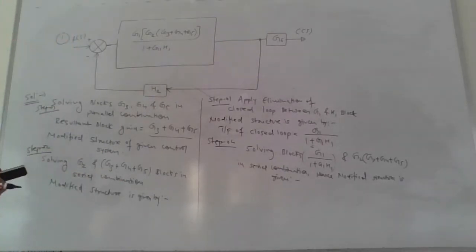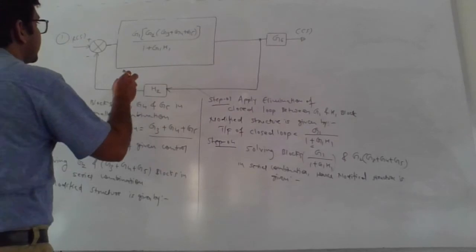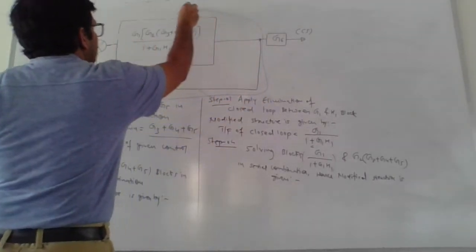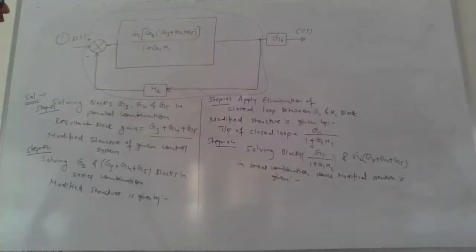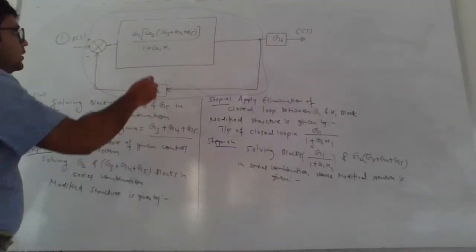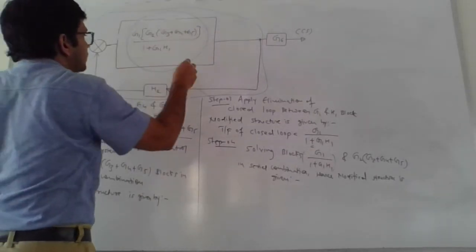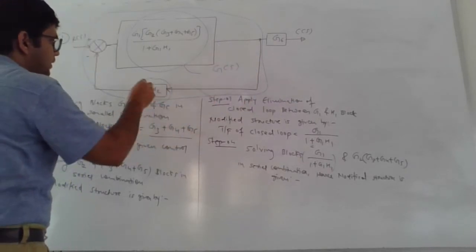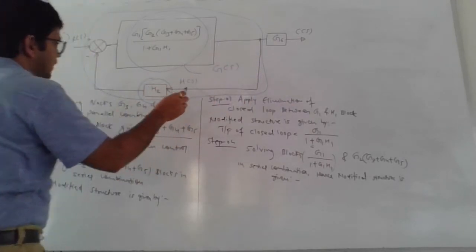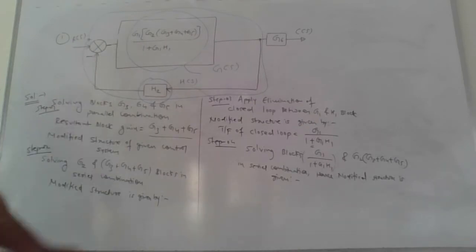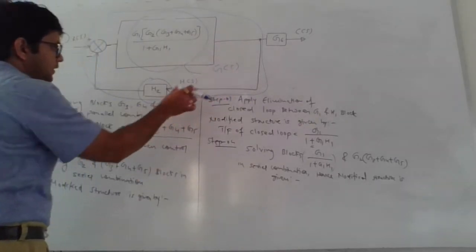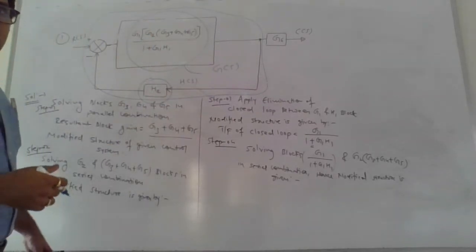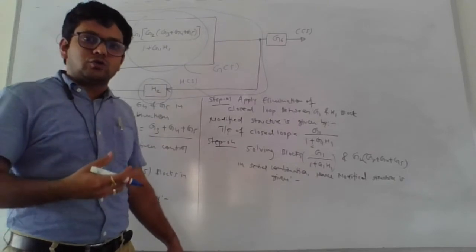Now if you identify the structure very carefully, you will observe that this section indicates a closed loop, where this entire term indicates your forward path gain, which is nothing but G of S. This indicates your feedback path gain, which is nothing but H of S, and the nature of feedback signal is negative. So here we are having G of S, here we are having H of S, and this indicates your closed loop. That means we need to apply rule number 3, elimination of closed loop.